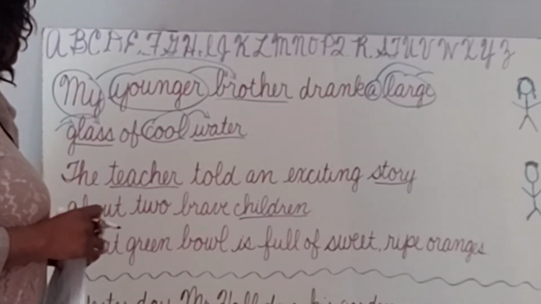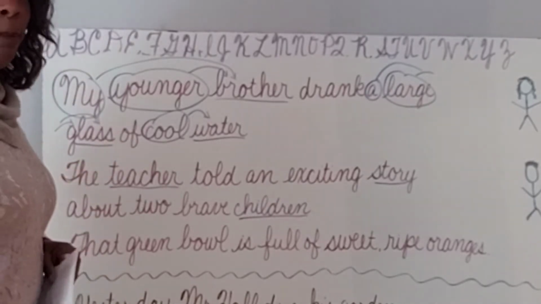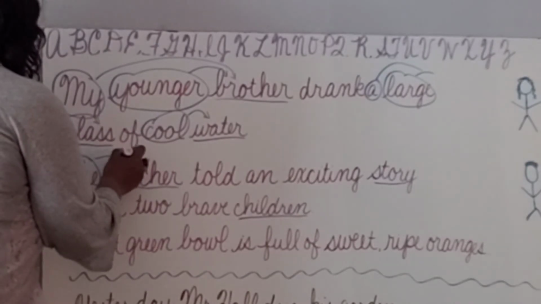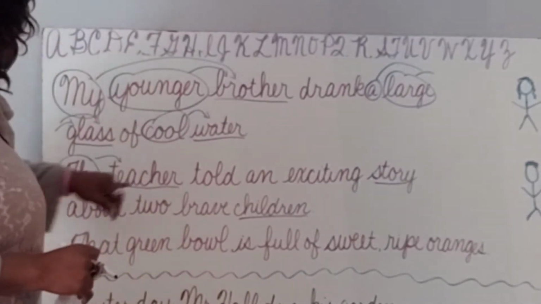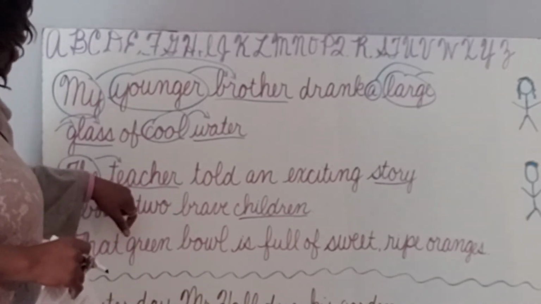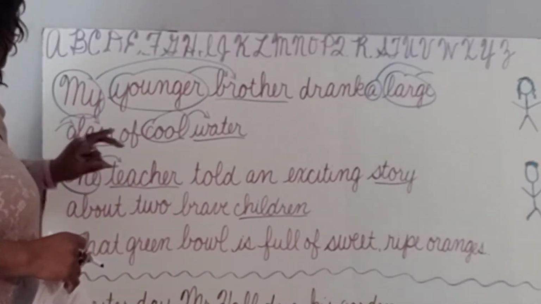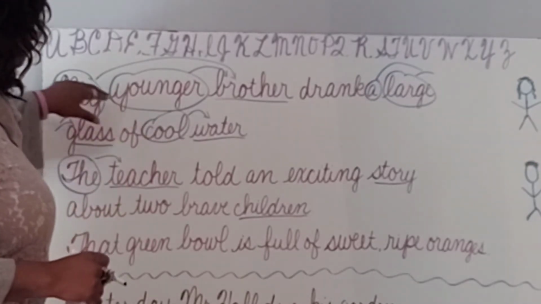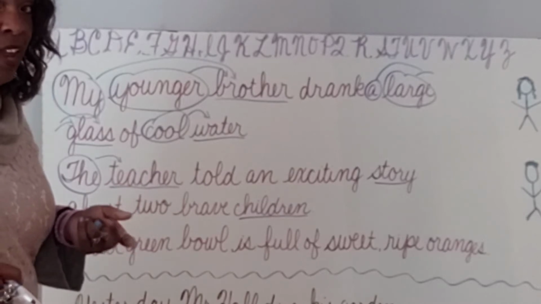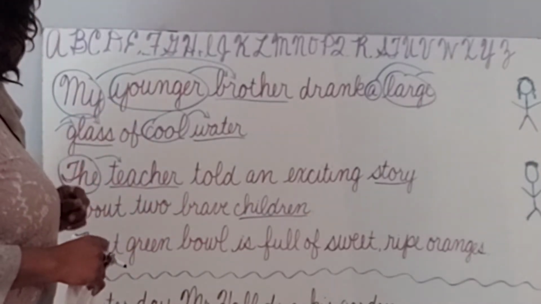Anything that describes teacher? Nothing that describes it, but what adjective is there? Yes, the is always an adjective. Always look for a, and, or the. Whenever you have a noun, a lot of times if it doesn't have a colorful adjective like these, it might just have a, and, or the. So always look for that in the beginning.